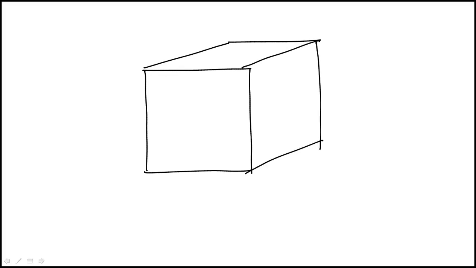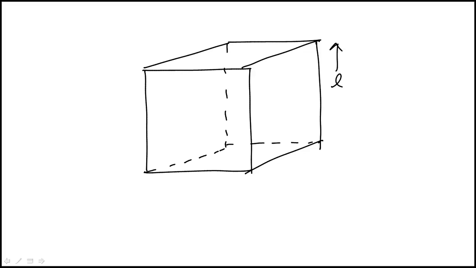Now, you also need to know the longest diagonal of a cube. So I'll draw this out. Let's say you have a general cube. And the question is, what's the length of the longest diagonal?